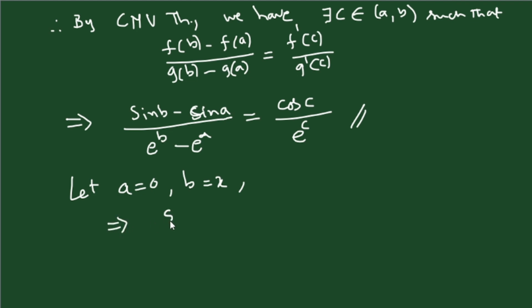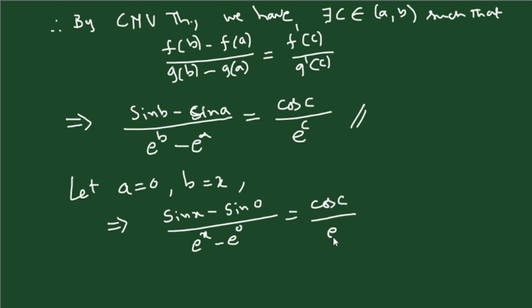Then what happens? (sin x minus sin 0) by (e^x minus e^0) equal to cos c by e^c for some c belonging to the open interval (a, b).